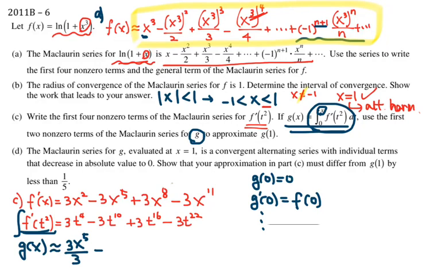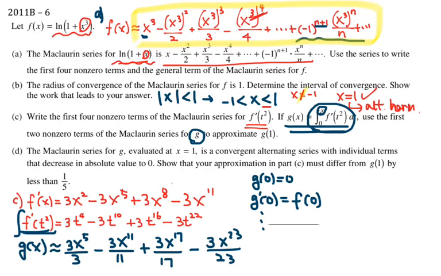Second one is minus 3 x to the 11th over 11. Next one is plus 3 x to the 17th power over 17, and so forth and so on. Let me just go for one more. 3 x to the 23rd over 23.